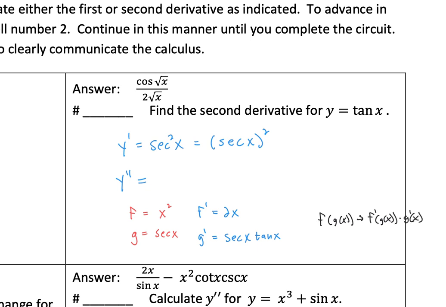First we find f prime of g, so we plug g into f prime. When you plug something into a function, you just substitute it wherever you see an x. So wherever you see an x in f prime, replace it with secant. This is going to be 2 secant, and then times the derivative of g of x.